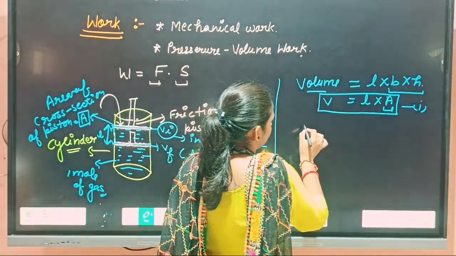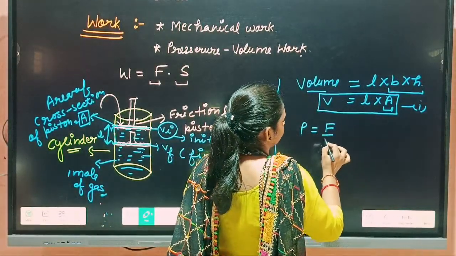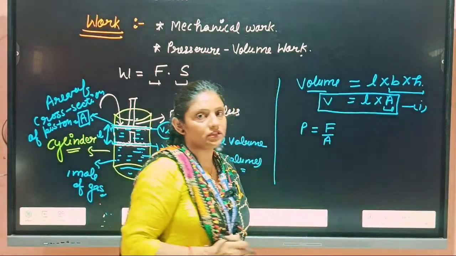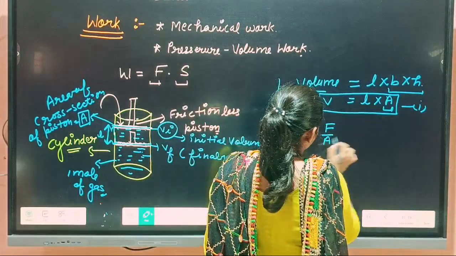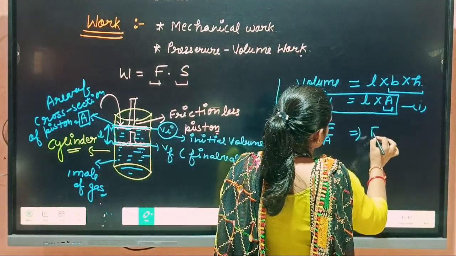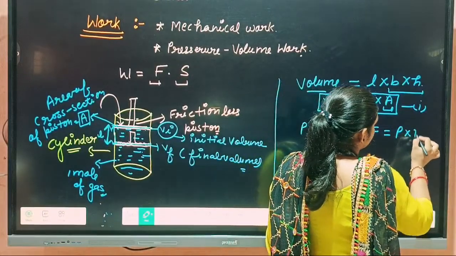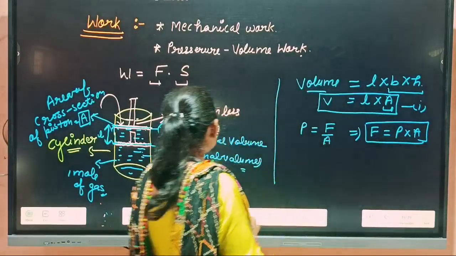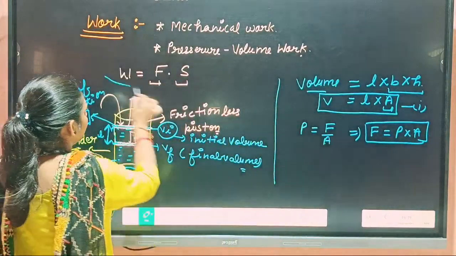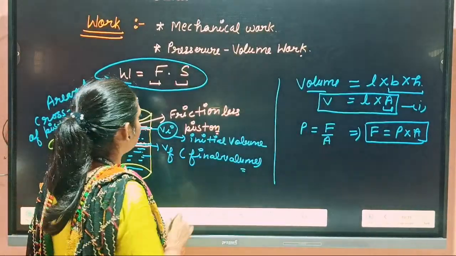And you know very well, pressure is equal to force per unit area. From here, force is equal to pressure into area. So students, here work done is equal to force into displacement.